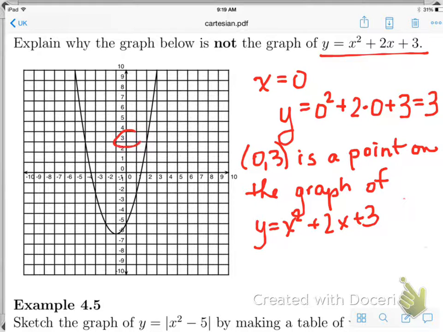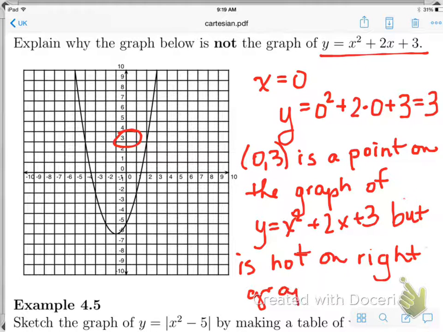But, oh, here's the point (0, 3), and it is not on the graph on the right. So again, this is another reason why the graph below is not the graph of y equals x squared plus 2x plus 3. So we're going to do some graphing in class to help us get used to it, but hopefully this gives you a sense of what we're looking for and what is going on when we're graphing equations.